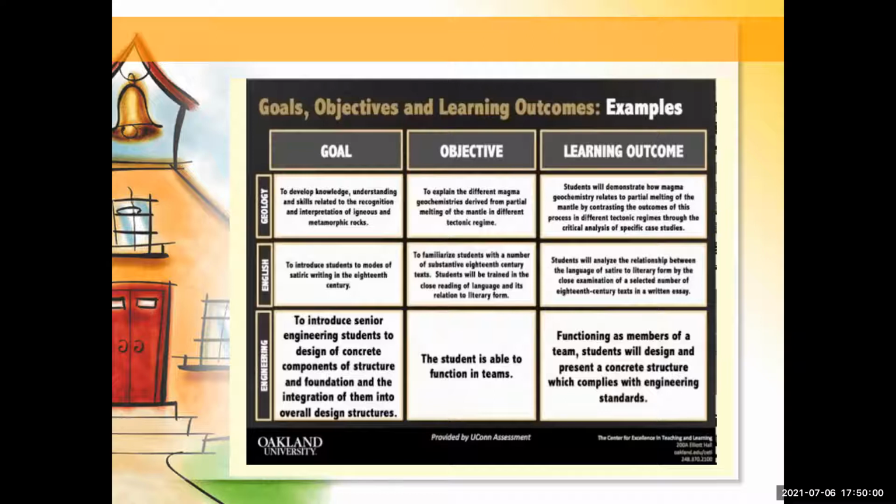The objective of the English lesson is to familiarize students with a number of substantive 18th century texts. Students will be trained in the close reading of language and its relation to literary form. The learning outcome is students will analyze the relationship between the language of satire to literary form by the close examination of a selected number of 18th century texts in a written essay.